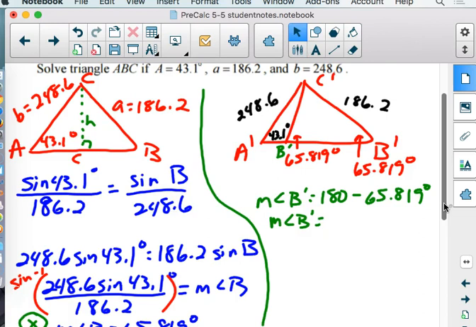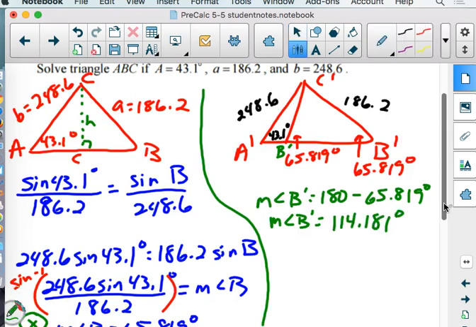So 180, that one I stored under X. 180 minus, recall, alpha X, and enter. 114.181.